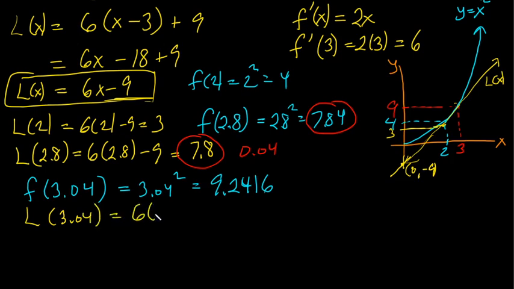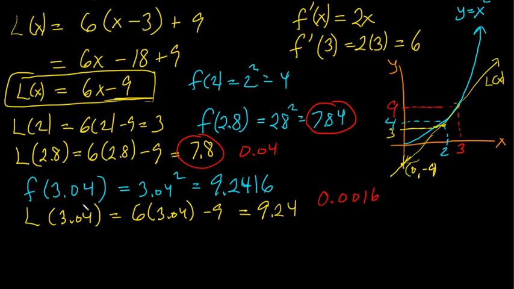So I get 6 times 3.04 minus 9, which is 9.24. Right? So at this point, you can see the difference is very tiny. 0.0016 is the difference.